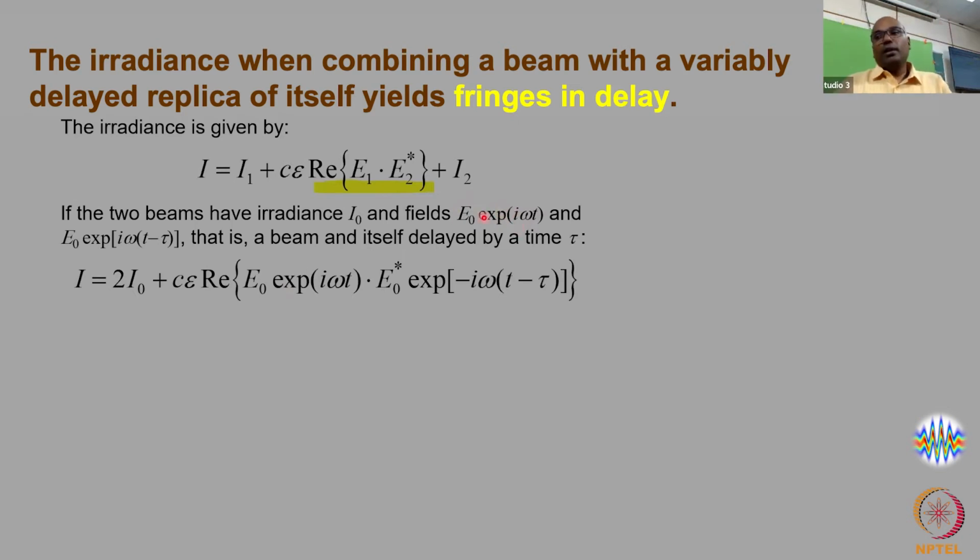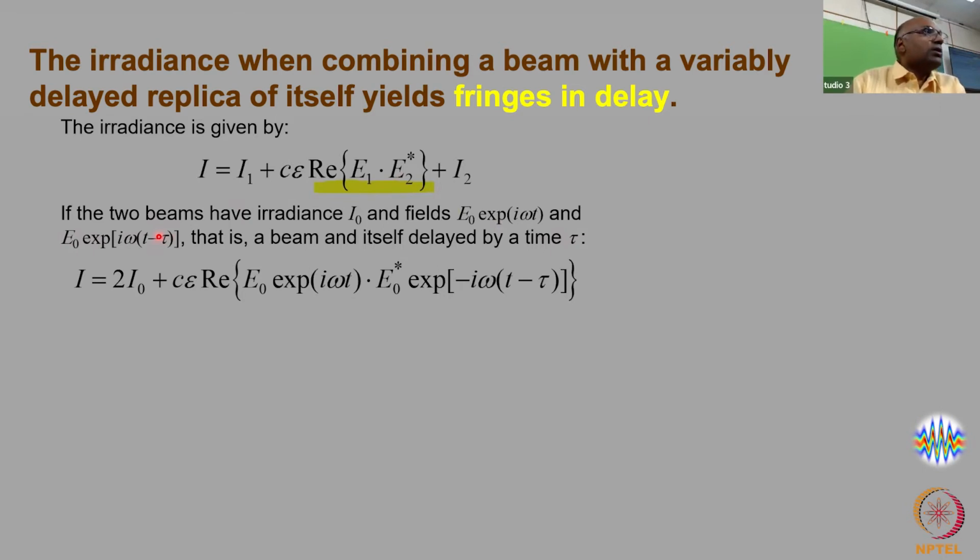Or z is held as a constant, so I'm ignoring it for the moment, but treated that I'm considering this at the point z equal to 0. The point z equal to 0 actually constitutes a plane if it were to be the Cartesian coordinate system under use. For the second wave we have for E2, E naught times e to the i (omega t minus tau), where tau is a time delay. Tau has units of time.